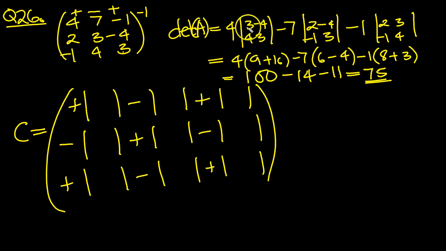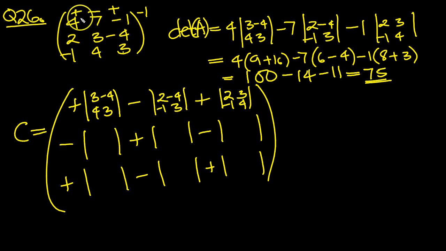This entry, we could crib it from here if we want to, because it's the same entry, isn't it? It's the 3 minus 4, 4, 3. And this entry here is the same as what you would get here. So it's 2 minus 4, 1, 3. Minus 1, 3. Yeah, and this entry 2, 3, minus 1, 4. So you could crib it, or you could just write them down again. It's the same difference really.